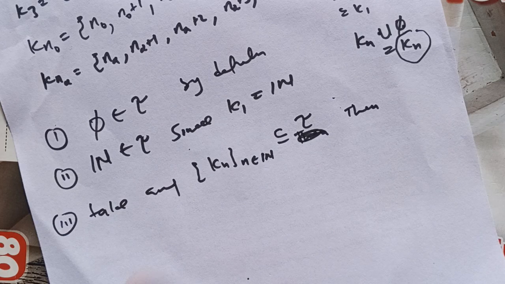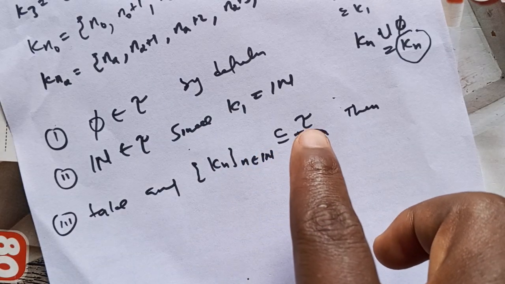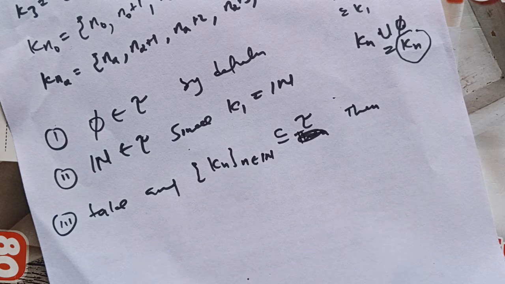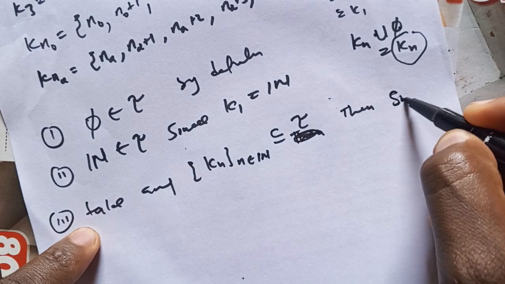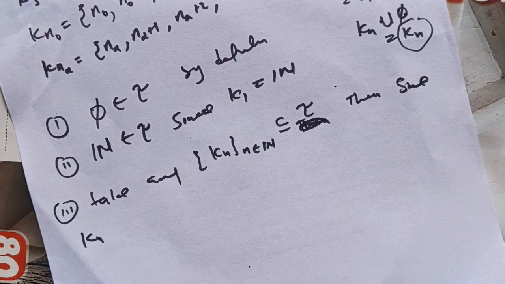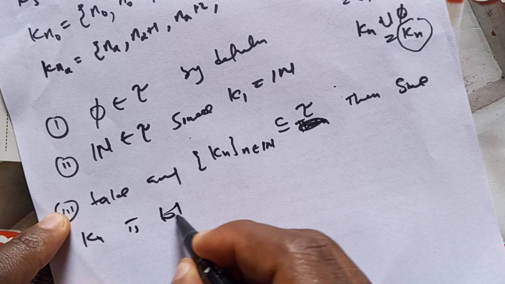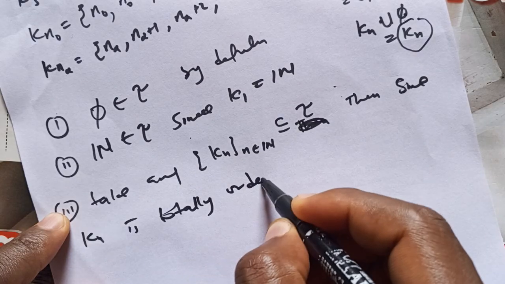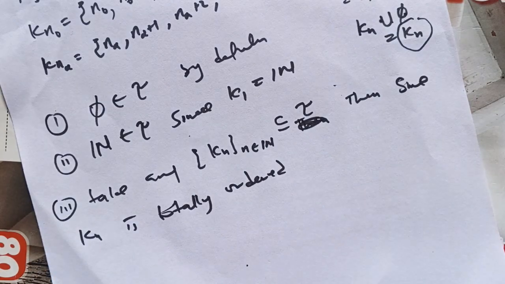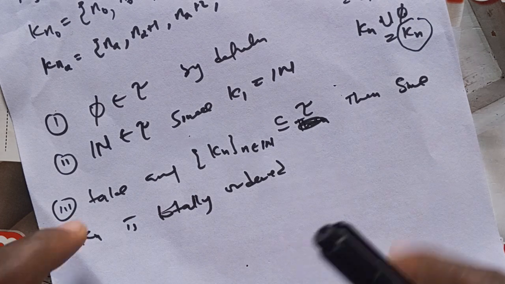Then, since my Kn is well ordered, since my Kn is totally ordered, remember, what do I mean by totally ordered?